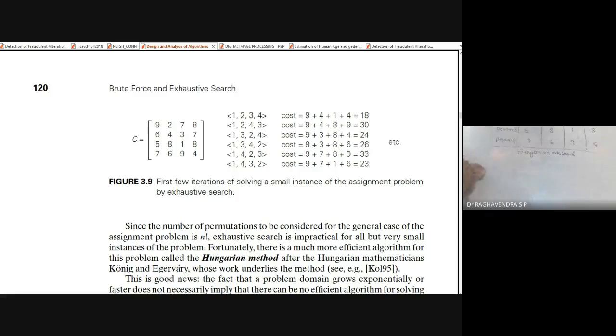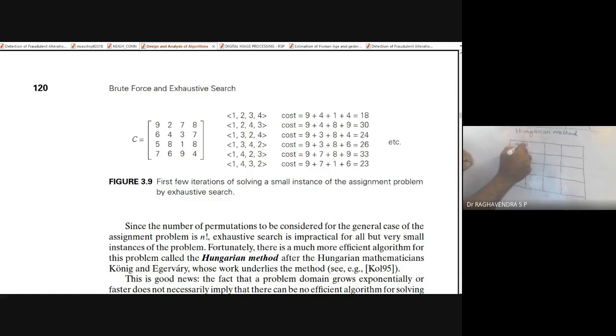So we can solve this problem by using the Hungarian method. How is this Hungarian method going to work? Let us find out. First, you write the matrix in the form of a table.